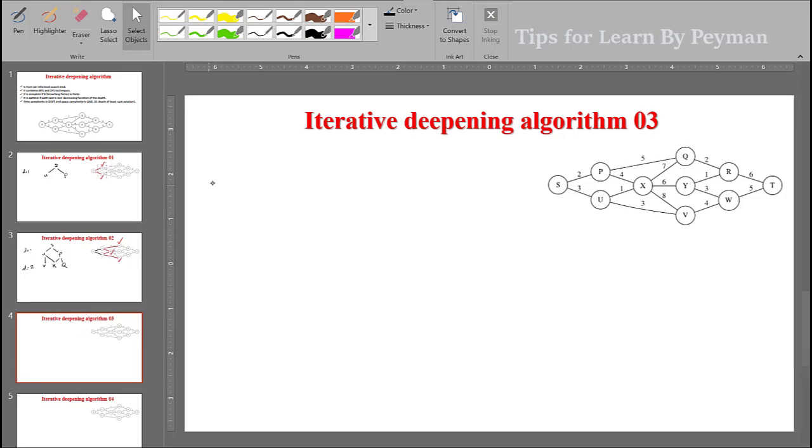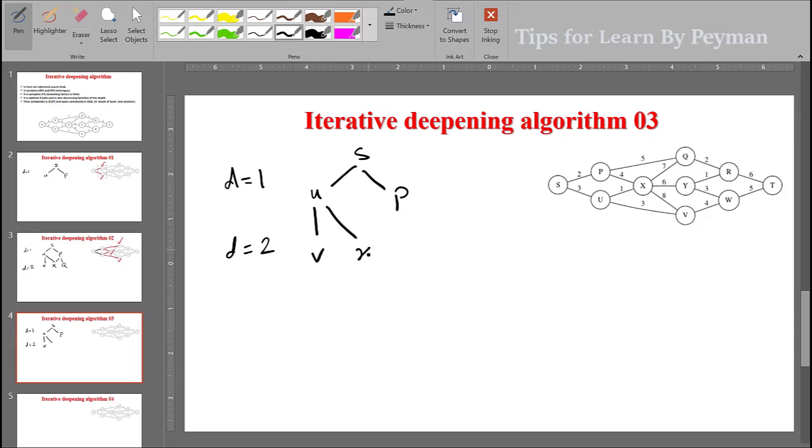So let's see what we have in the third level. Okay, we have depth equal to 1, open the U and P, and in the depth equal to 2, we open the V, X, and Q. Okay, so we open these. As you see, we have the V vertex here.